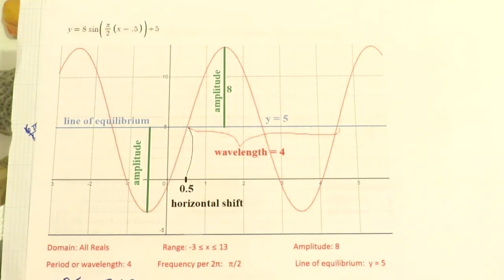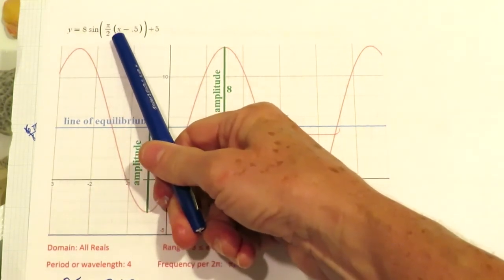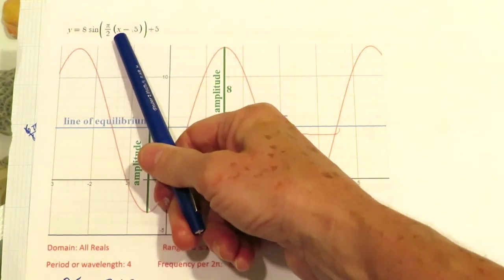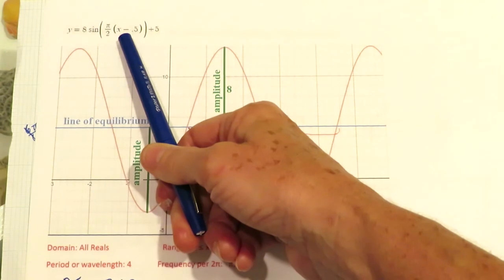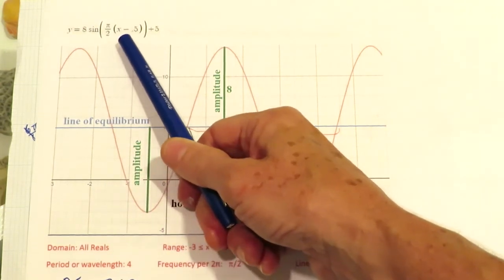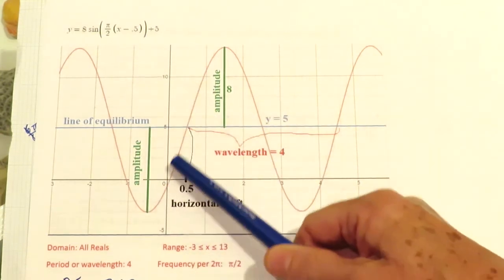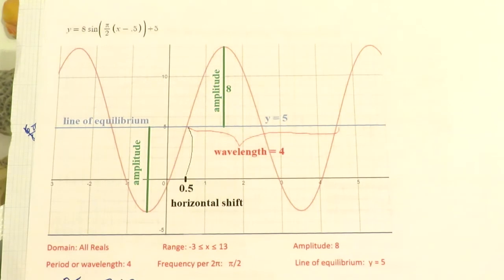So I'm shifting positive 0.5. I'm moving in the positive direction. Why it's the positive direction, not the negative direction, is because if I put 0.5 in for x, I'm getting 0. So basically I should get the same point as if the basic sine wave had 0 plugged in. So x minus 0.5 tells me the wave got shifted to the right 0.5.